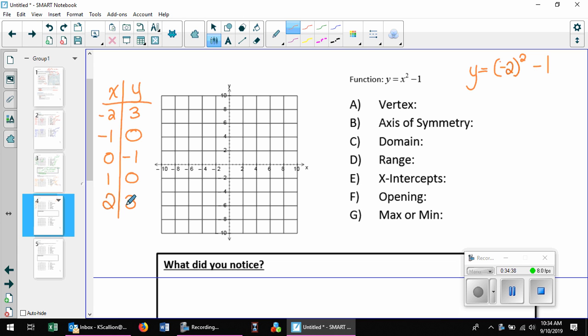Just graph it and let the graph tell you. Trust your math. Okay, you guys can fill out the chart because I have faith that you've got the hang of this now.